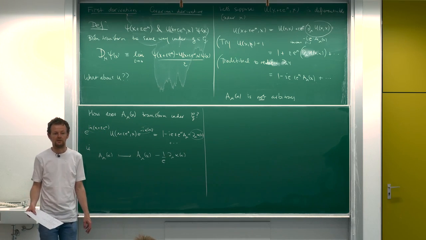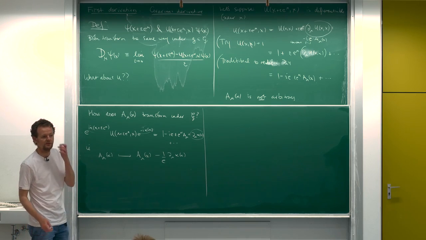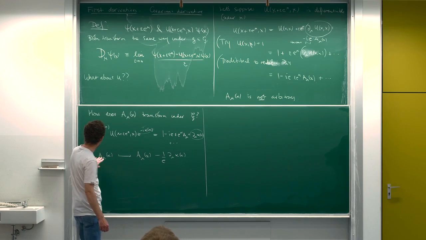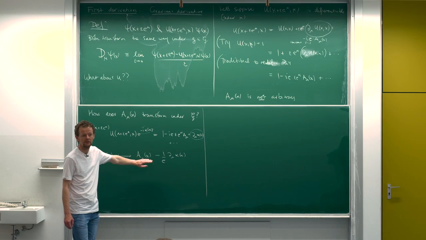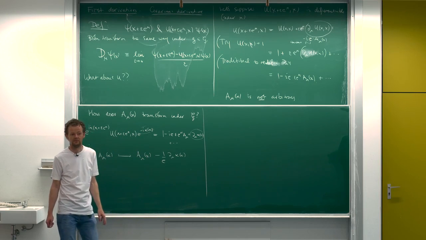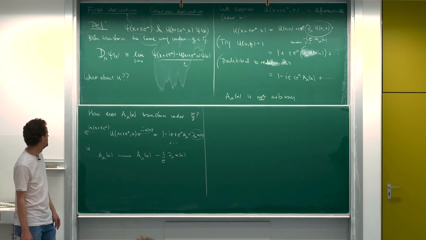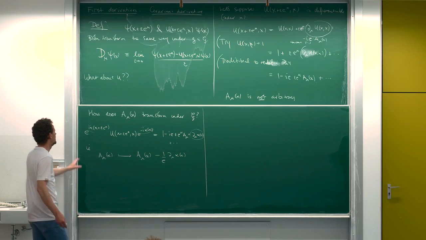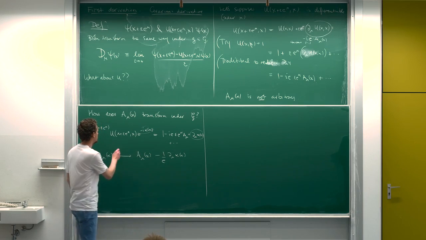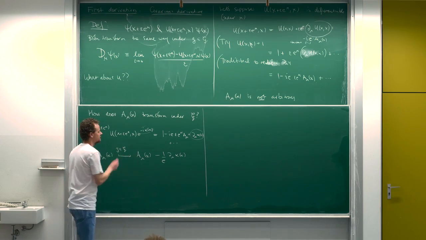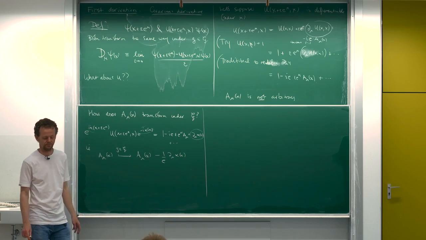Under one of these local gauge transformations, we see that if A mu of x transformed in this particular way, then we'd be able to satisfy this constraint here. Another way of saying it, this condition requires that A mu transform exactly like this under the local gauge group.